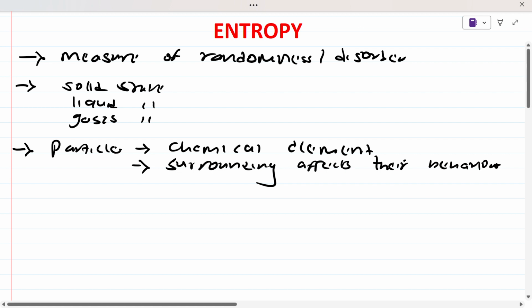So the surrounding really affects the behavior of particles as they undergo chemical reactions. Now, we can calculate the total entropy change of a given system.